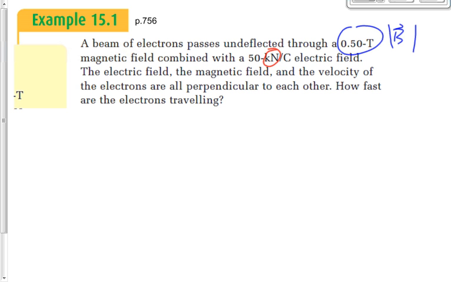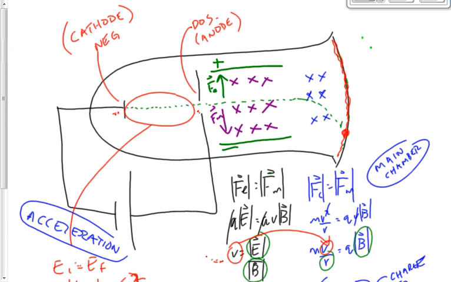We've got an electric field. We've got the particles going undeflected. Okay, that's a key word right there. Undeflected through the electric and magnetic field perpendicular to them. We want to know the speed of the particles. Which chamber are we dealing with there? Acceleration, velocity selection chamber, or main chamber? Yep. Good, it's the velocity selection chamber.